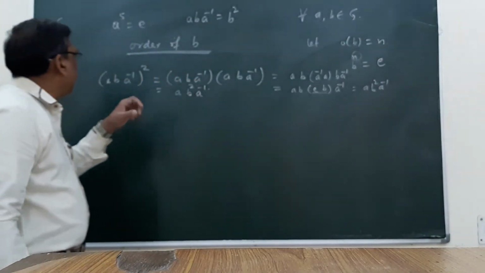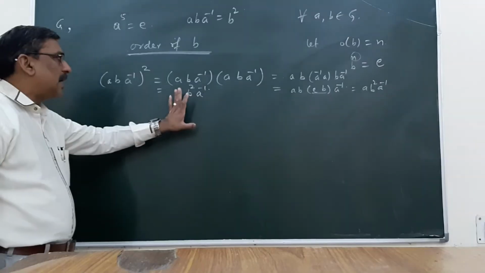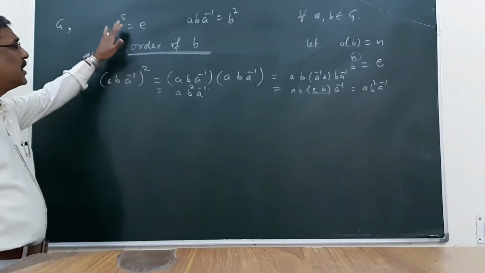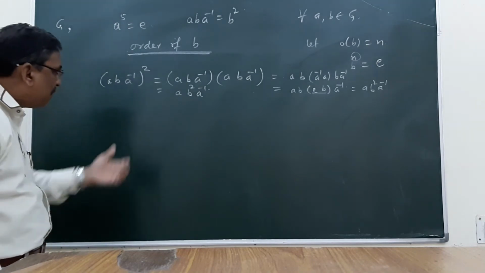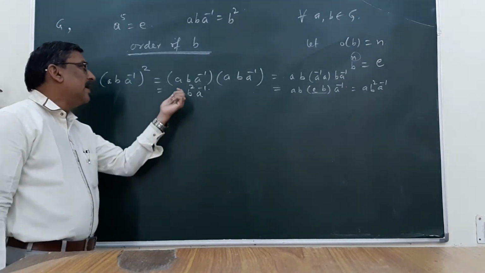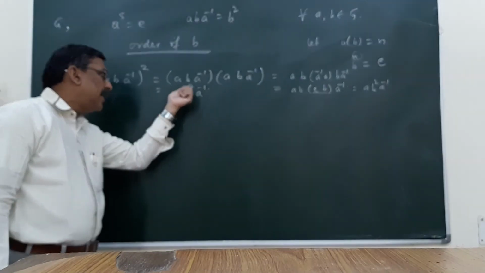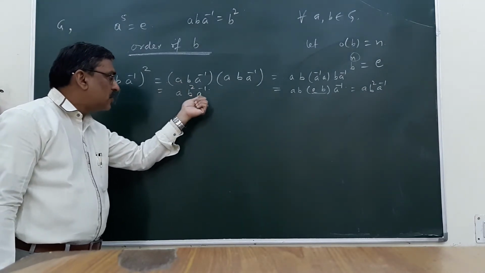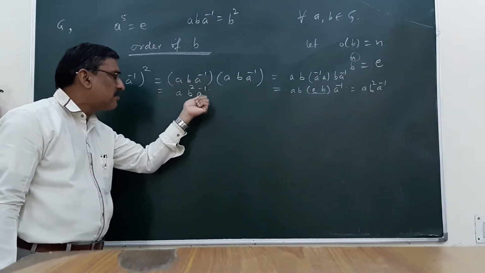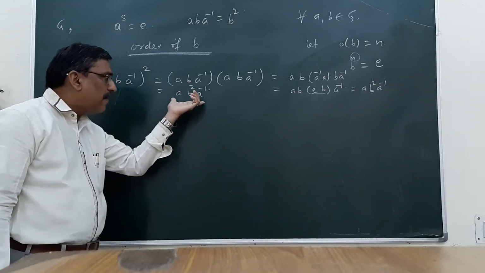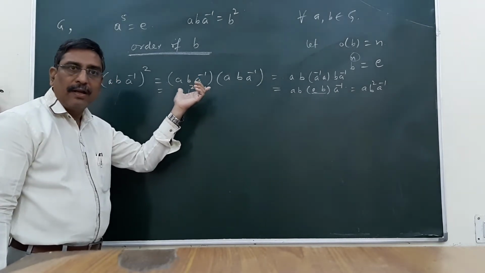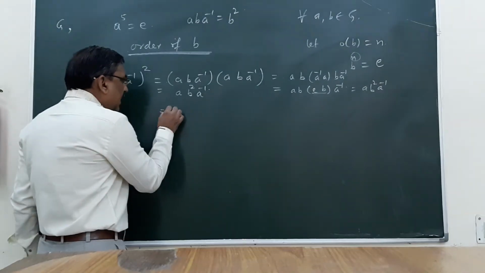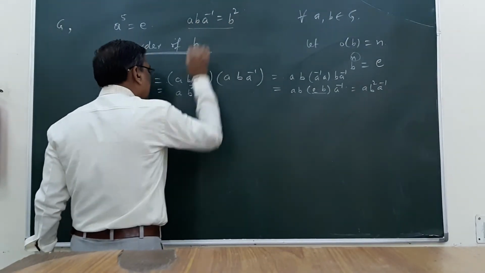So from here we conclude a b square a inverse, but we know that a raised to the power 5 is equal to identity, so we have to somehow create a situation in which the power of a increases. So I can use this result here.